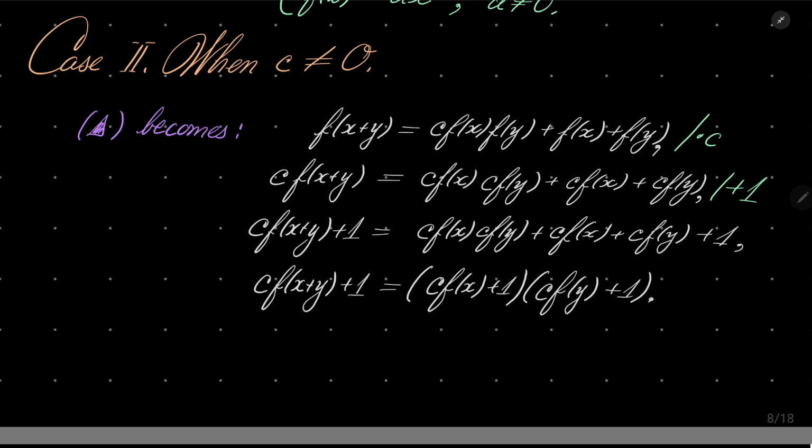Alright, so for the sake of brevity, let's call this new function g of x. So let g of x be equal to c times f of x plus 1.